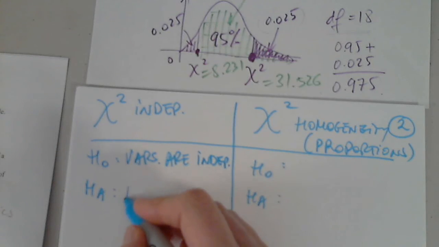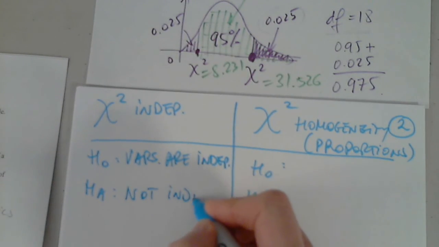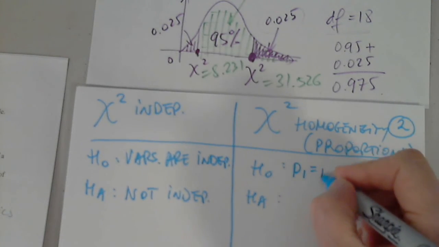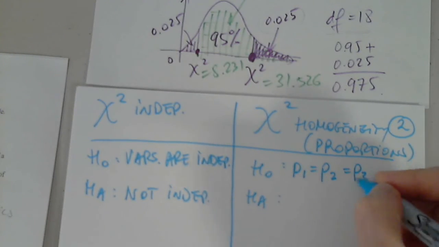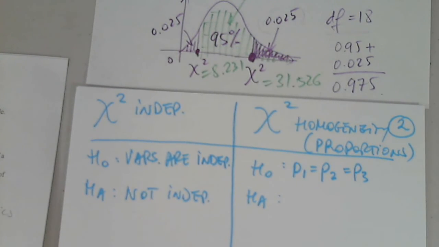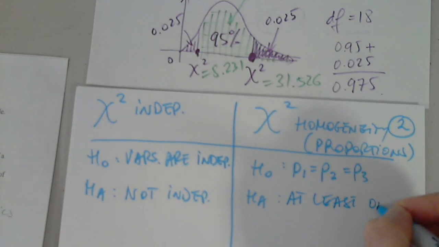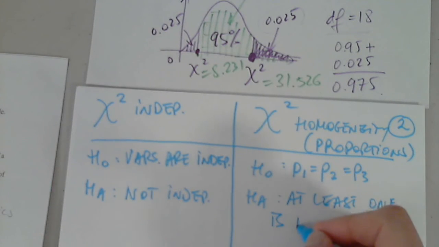Here they're not independent. Here, proportions, depending on how many I have, I can have 2, 3. So let's say P1 equals P2 equals P3 from 3 different populations. Here, at least one of these is different.